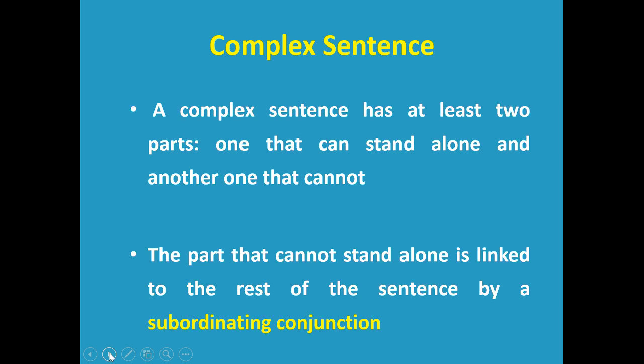Next is complex. A complex sentence contains two parts, okay? One that can stand alone and another one that cannot. That means one can stand alone. That means what kind of clause?